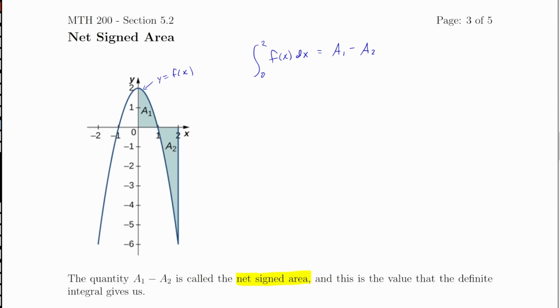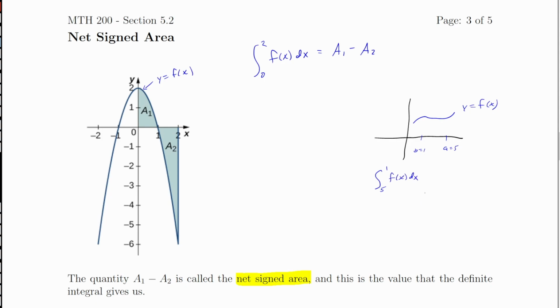We get something similar that happens if we have an integral that goes backwards. Let me show you what I mean. Let's suppose I have a function that's above the x-axis. And let's suppose my a is over here and my b is over here. So I have an integral from 5 to 1 of f of x dx.